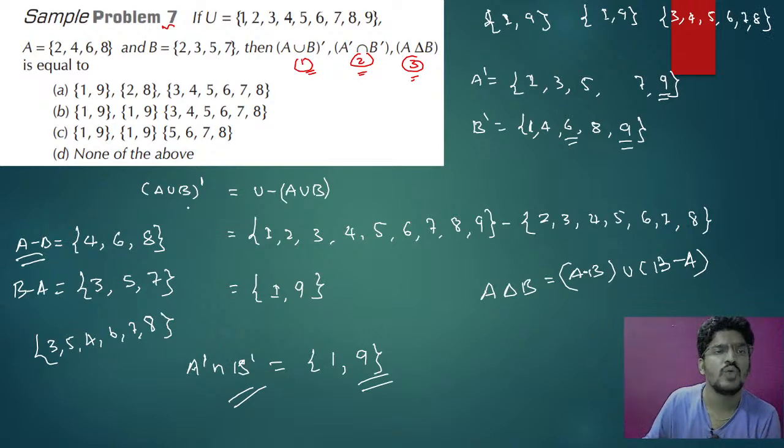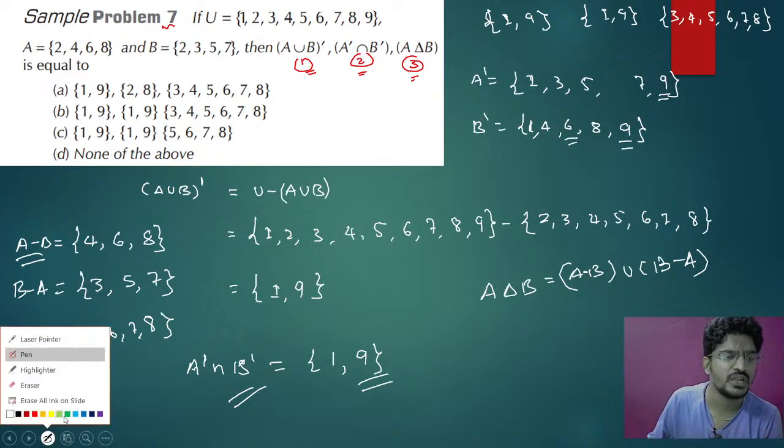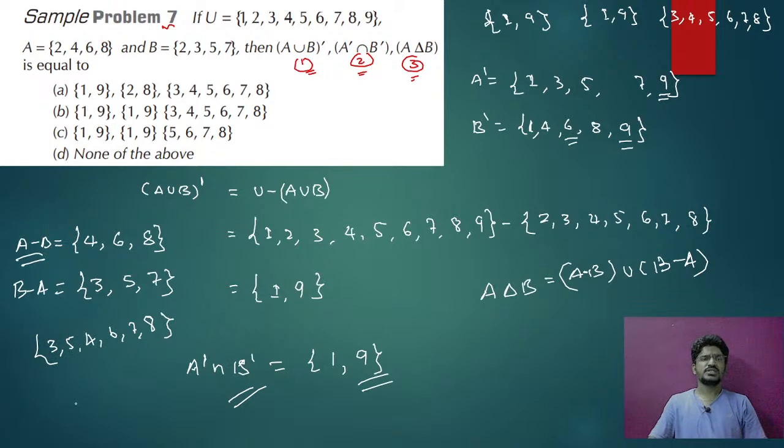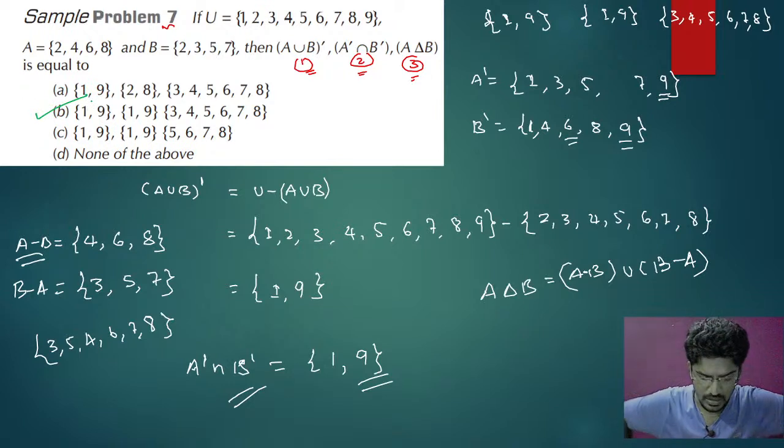So therefore, 1, 9 and 3, 4, 5, 6, 7, 8. So which one is the correct option? Option B. Option B is right. Clear?